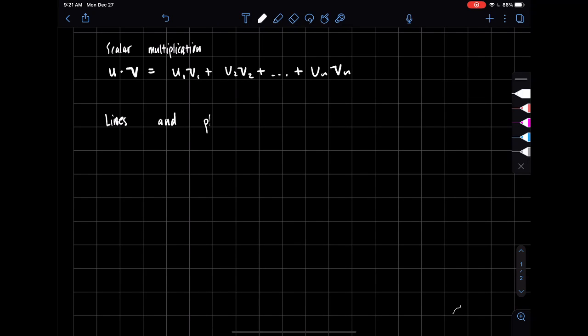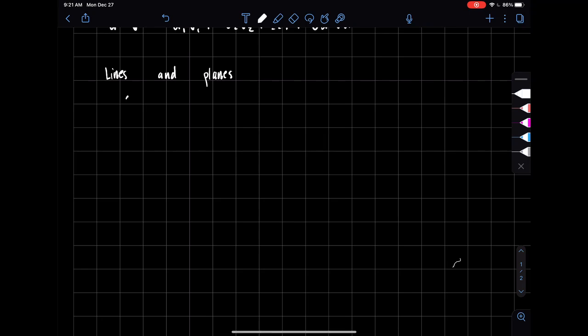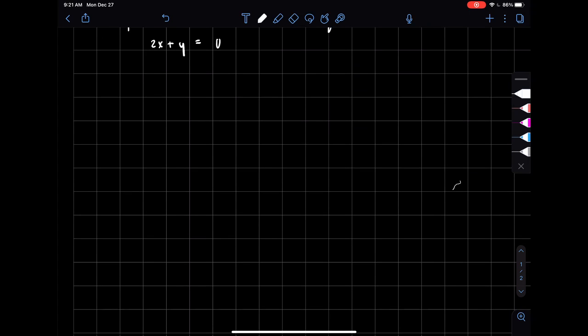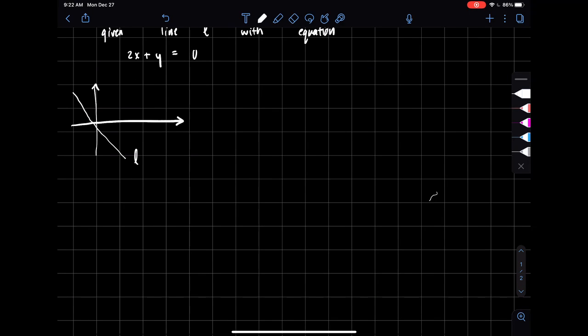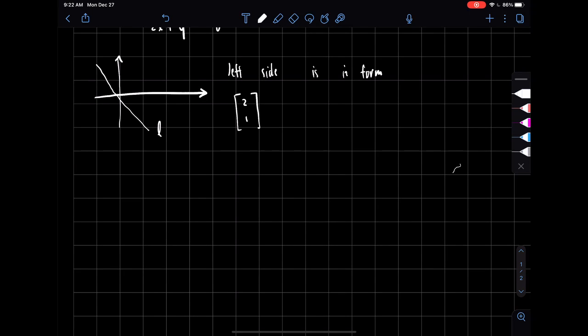With regards to lines and planes, given the line L with the equation 2x plus y equals 0, as I graph it here, we can see that the left side is in the form of the column vector (2, 1), which is the normal vector, which we will call n, and x will be (x, y).